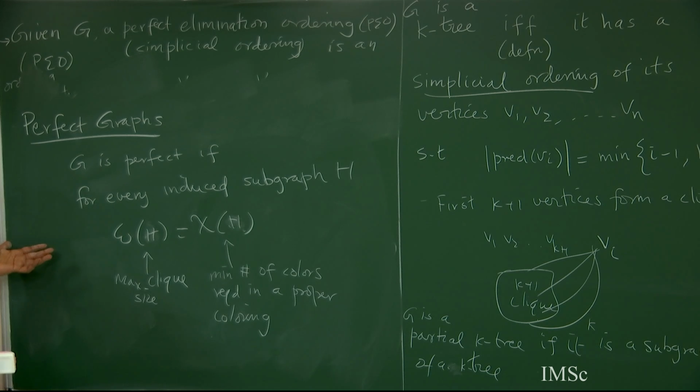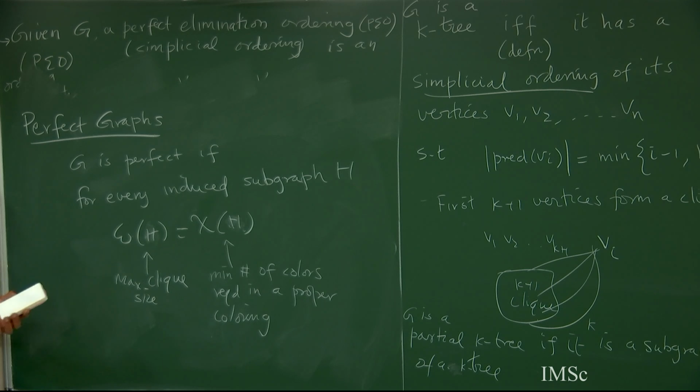Bipartite graphs are perfect, right? Can you see that? Yeah, bipartite graphs cannot have a large clique. Their chromatic number is 2. If you take any induced subgraph of a bipartite graph, if you have an edge at all, then its chromatic number is 2 and clique size is 2.